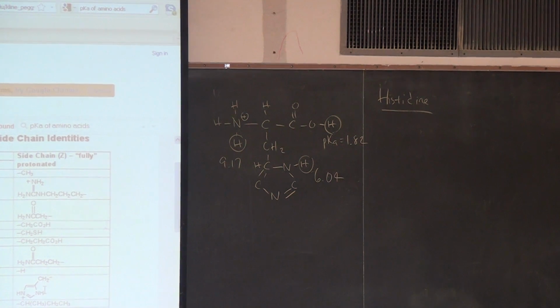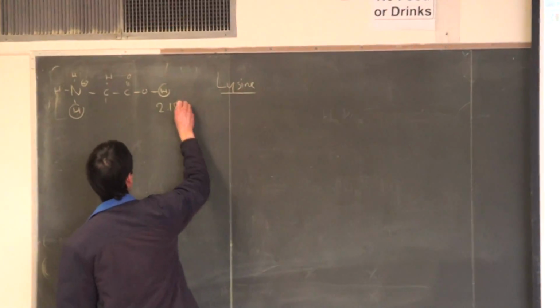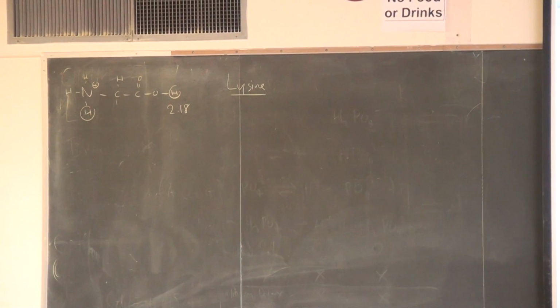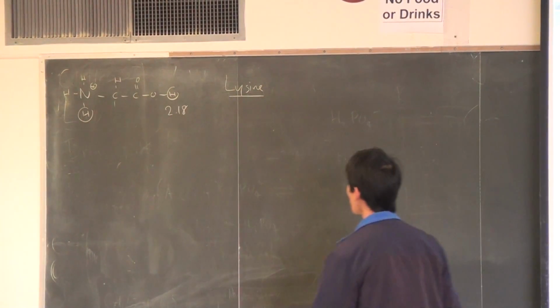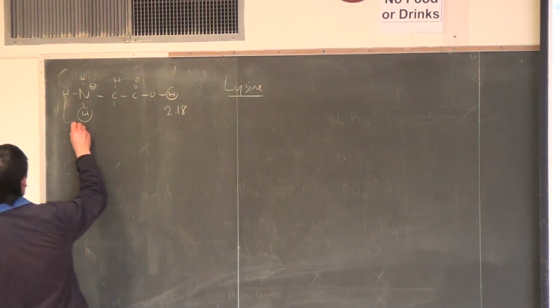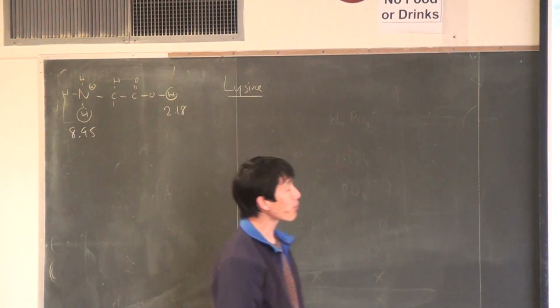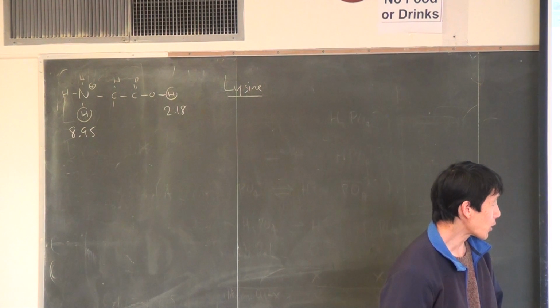Okay, so for lysine, the acid group has a pKa of 2.18, so this is 2.18 here. And then for the amino group, it's 8.95. And then for the side chain, they show this long side chain.